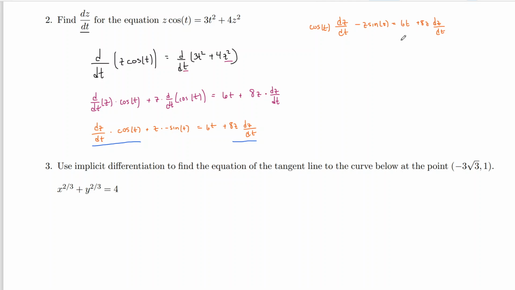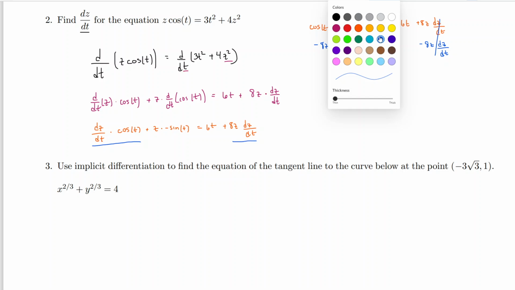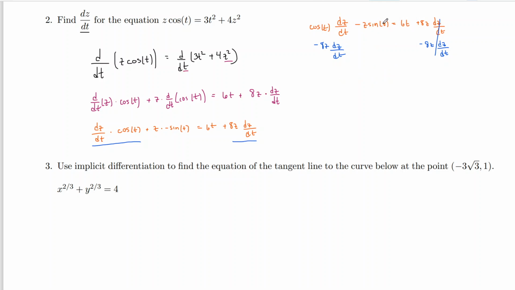And do exactly what I was describing before. Get the dz over dt's on one side and the rest on the other. So I'll subtract the 8z dz over dt from each side. Now, because I'm trying to get the dz over dt's onto the left side, I also want to make sure anything without these dz over dt, which the z sine of t does not have, get it over to the right side.